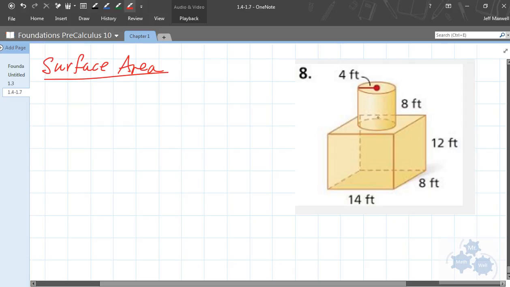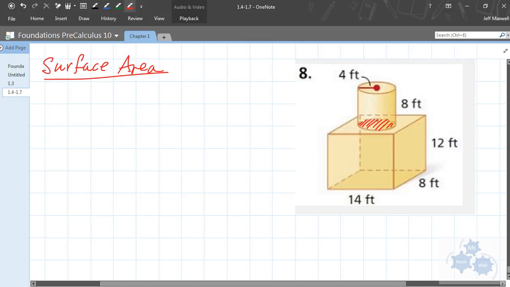Now, surface area is a bit trickier, and I'll tell you why. You can probably see this right now, but finding the area of the exposed surface on a composite object often requires you to consider the area of the overlapped region. You see this area right here, because that cylinder is plopped right on top of that prism, there's a piece of the top of the prism that is not exposed anymore.